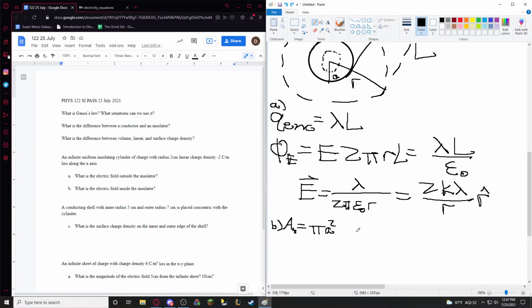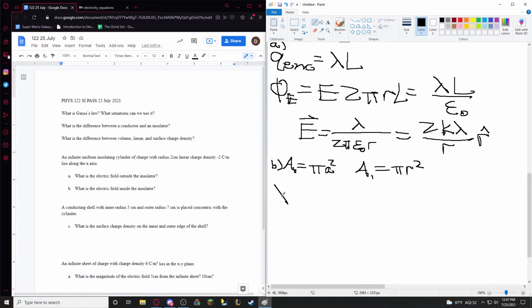And now A1, what's the area of our new cross section? It's going to be smaller than that, so maybe just pi a. Well, no, our new radius is r, so it would be pi r squared. So our ratio of areas is just r squared over a squared, right?